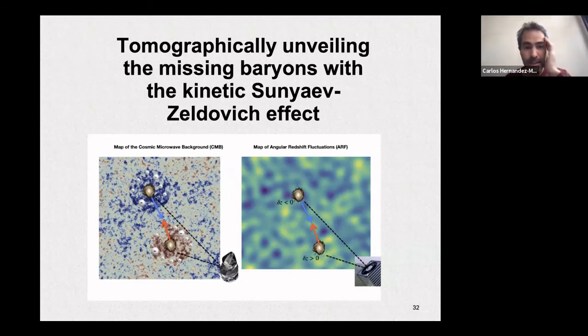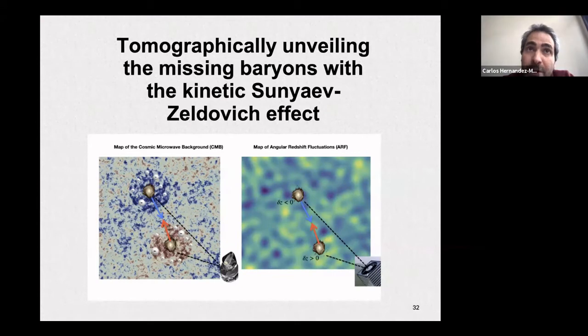Well, not too much. The thing is that this plot I just did yesterday shows angular redshift fluctuations are correlated to the radial velocities. And this is good. So in practice, if you have redshift information on your galaxy samples, from angular redshift fluctuation maps you can build a map of the line of sight velocity under that particular redshift shell, right?